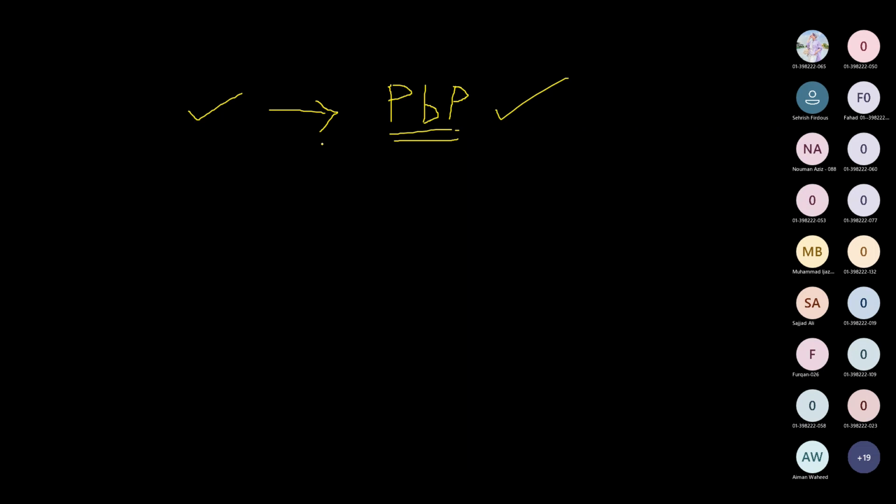Correct? Now, second thing, if your focus is amount of return, that means how much profit you would be able to earn, in that case NPV is a better choice, right?